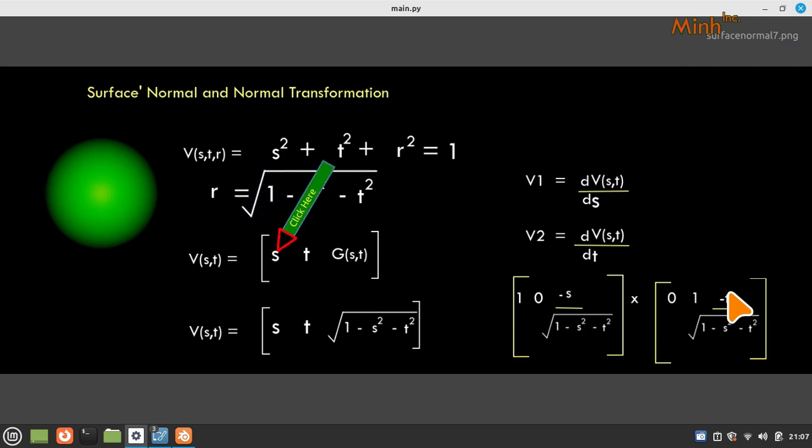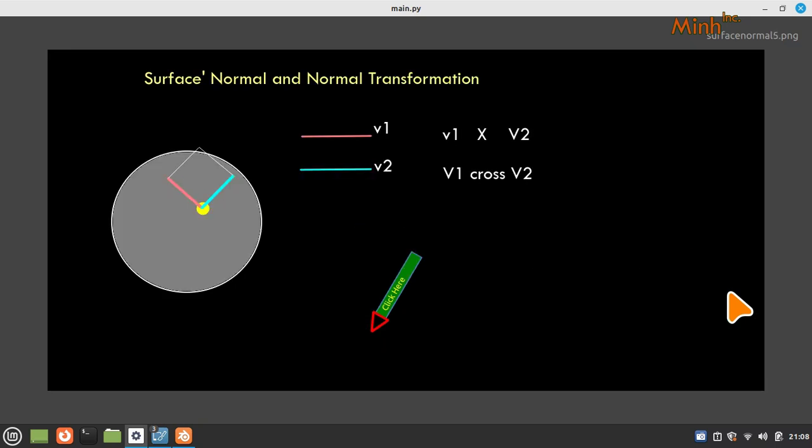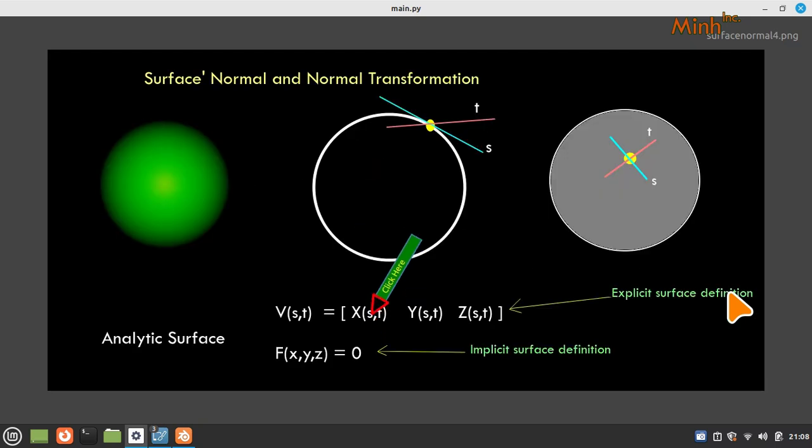So this would be s in the x direction, t in the y direction, and any function g(s, t) in the z direction. V(s, t) equal to (s, t, g(s, t)). This is an explicit definition. So x, y and z are dependent upon the variables s, t.